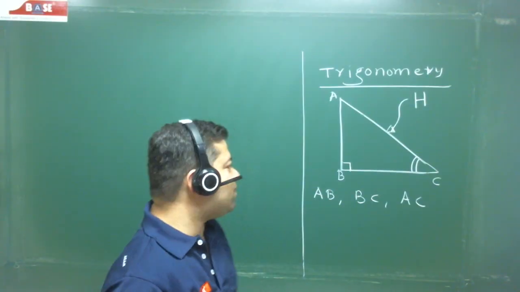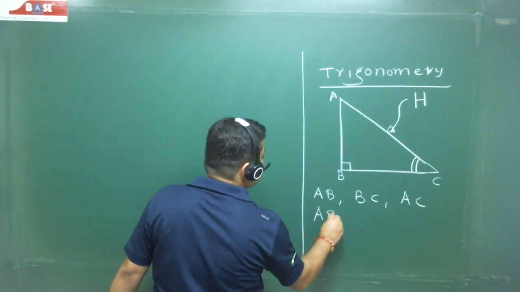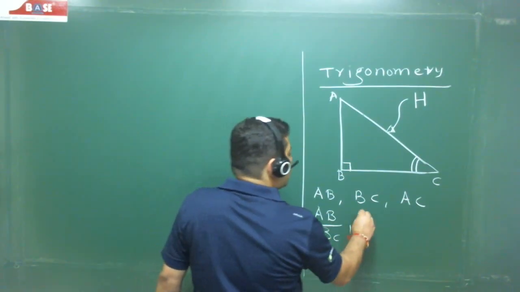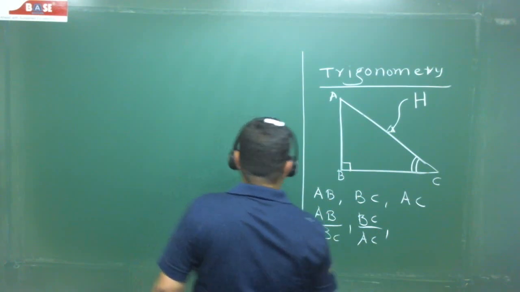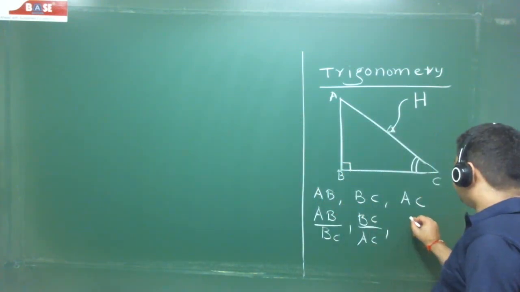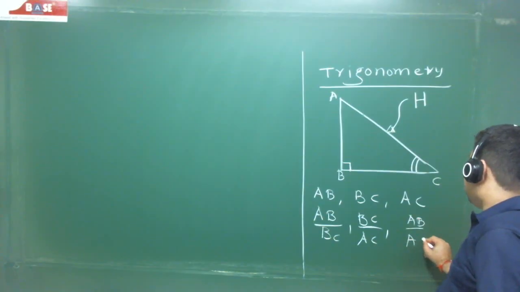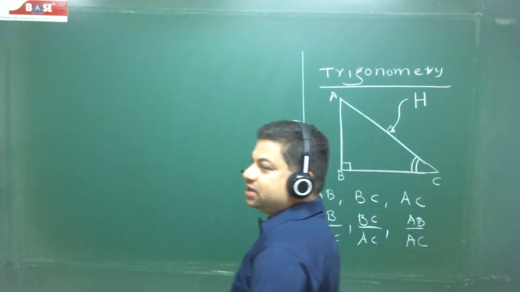We can define 6 ratios, right? How? Either you can take AB by BC, or BC by AC, or AB by AC, and again the reciprocal of the same things we can define.